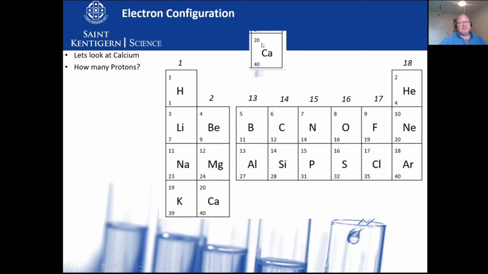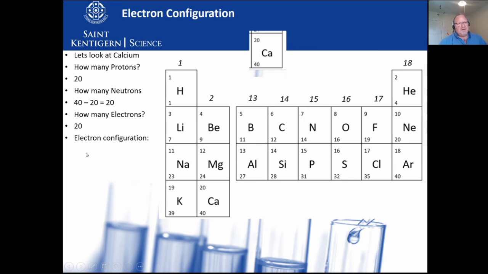Okay, so let's try this. How many protons? 20. How many electrons? Okay, how many neutrons? 40 minus 20 is 20. How many electrons? 20. What is the electron configuration? Now let's start counting. 2 in the first, then 8, it gives us 10, plus another 8 gives us 18, but we need to go all the way to 20.